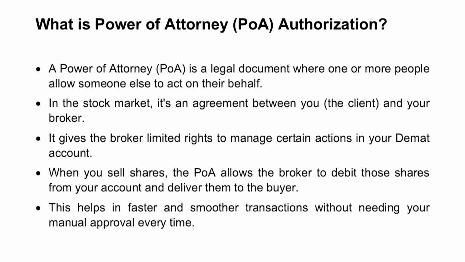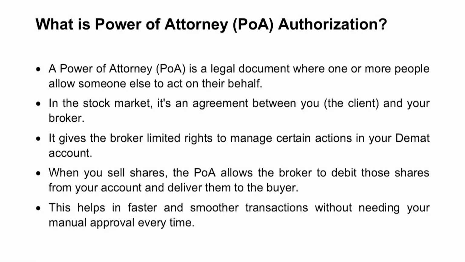Basically, power of attorney is a kind of legal document where one or more people may allow someone else to act on their behalf. So here the investor can allow the brokers and depository participant to act on their behalf for the purpose of transferring the shares from their demat account to someone else's account.